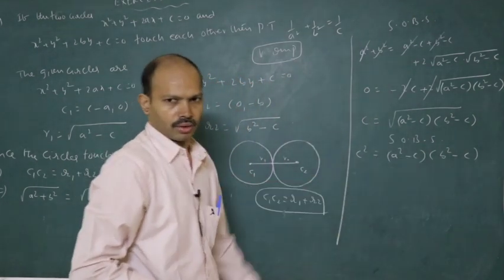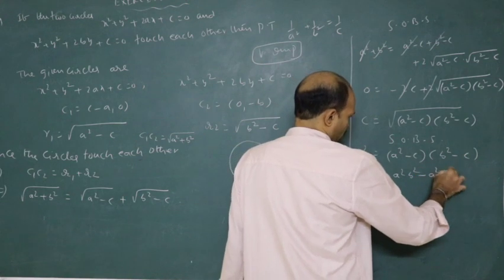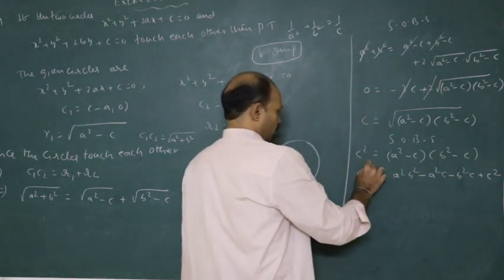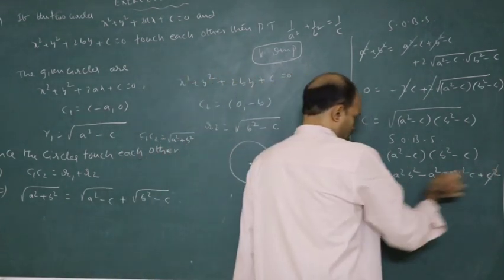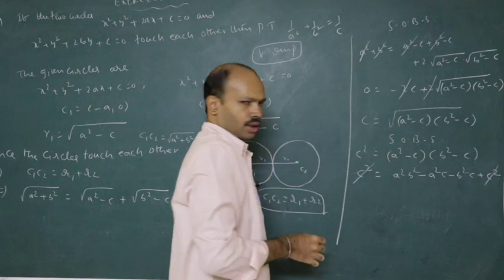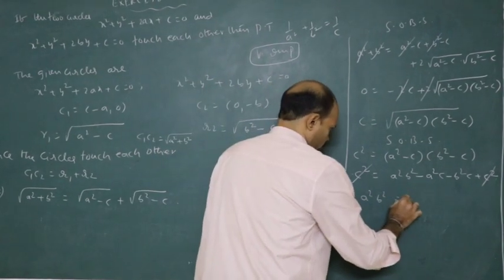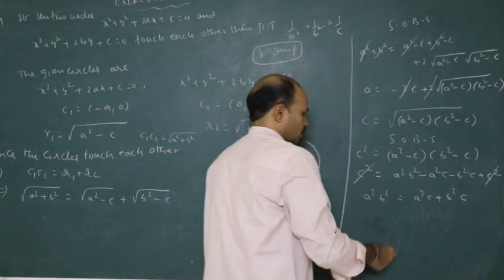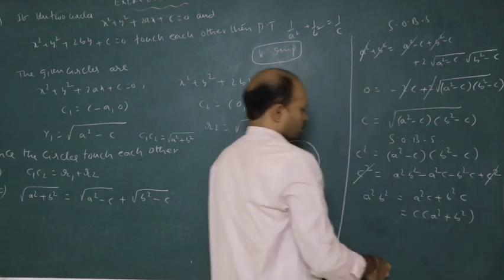Do the multiplication of RHS: a square b square minus a square c minus b square c plus c square. The c square must cancel. Take minus terms to one side, plus terms to the other side. A square b square is equal to a square c plus b square c. We may write it as c times a square plus b square.